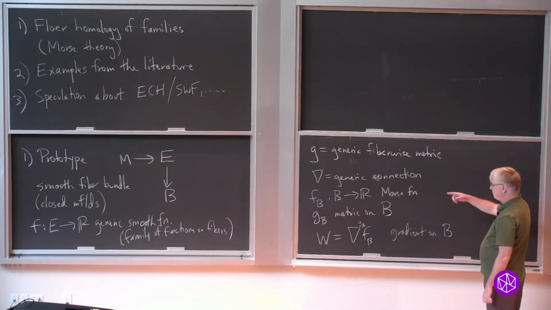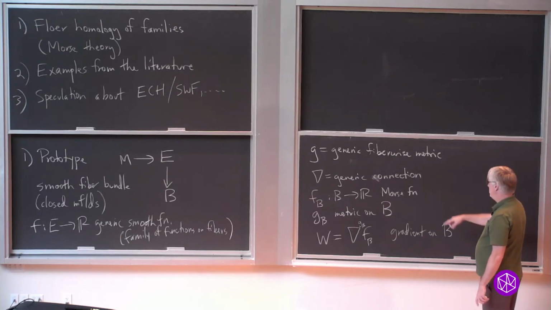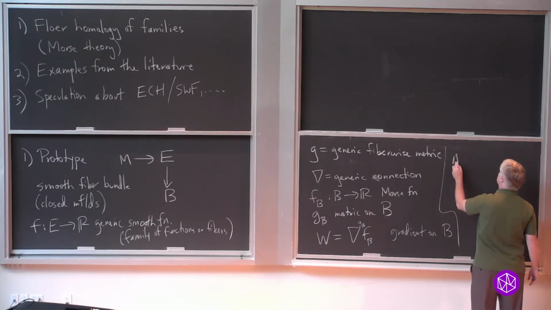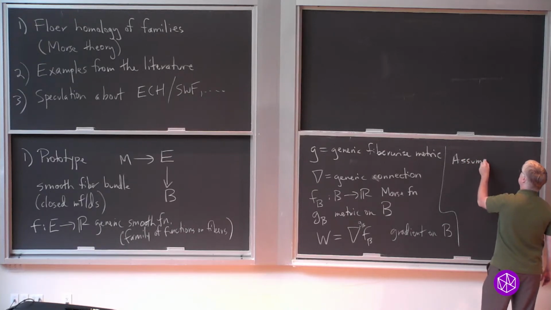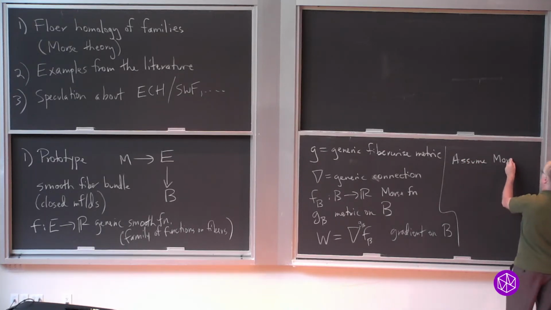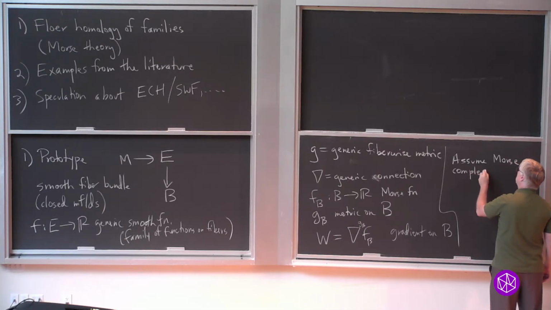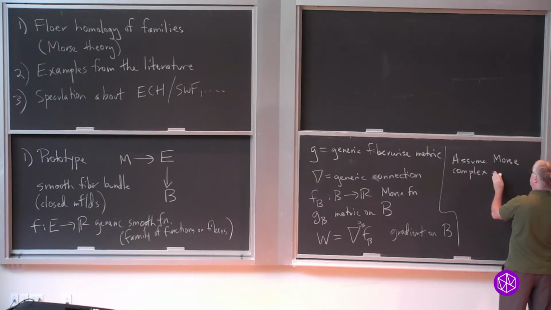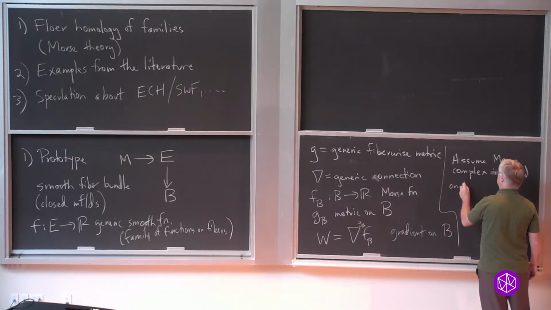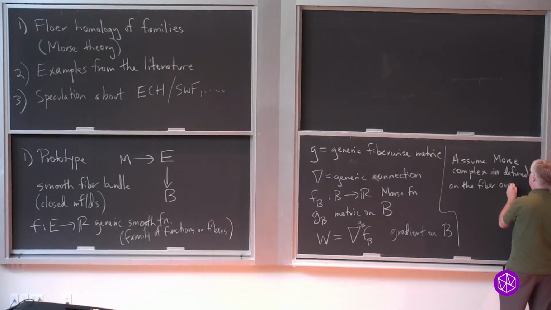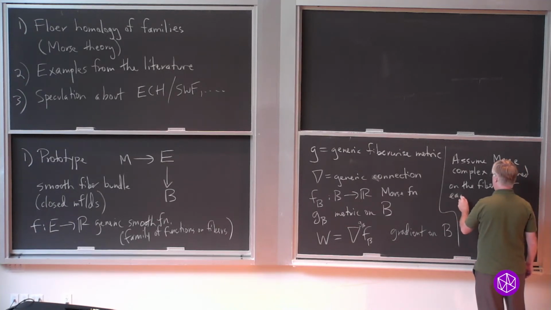And I want to choose this function F_B such that the Morse complex is defined on the fiber over each critical point of F_B.